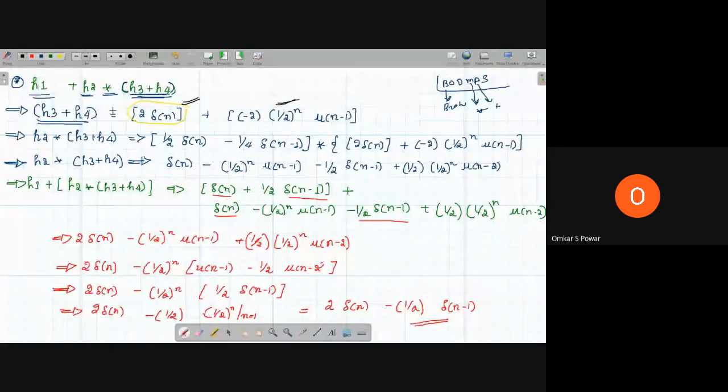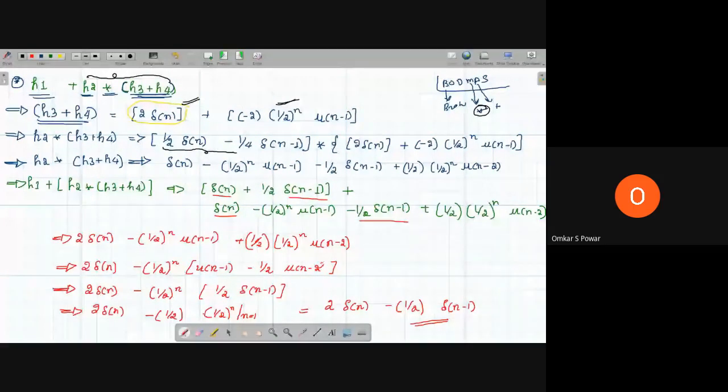Then what we have to do? Bracket, division, division is not there. Multiplication. Instead of multiplication, we will take this convolution. Okay. So H2 convolved with H3 plus H4. So h2 they have given as half into del of n minus 1 by 4 into del of n minus 1.